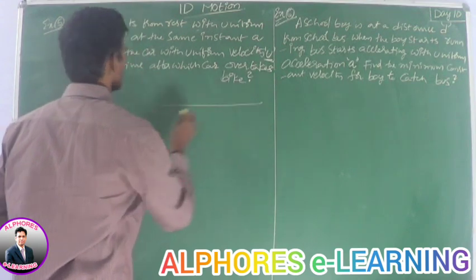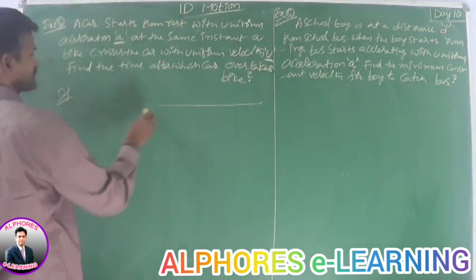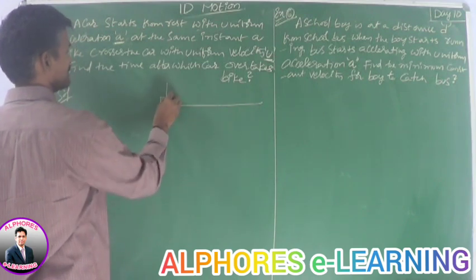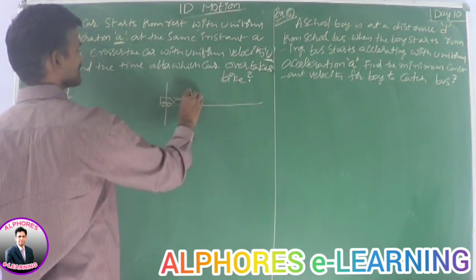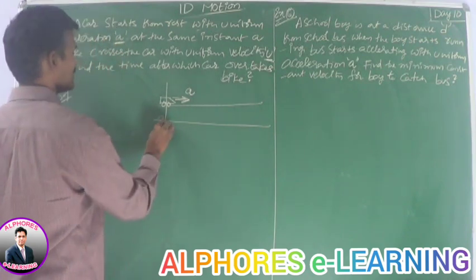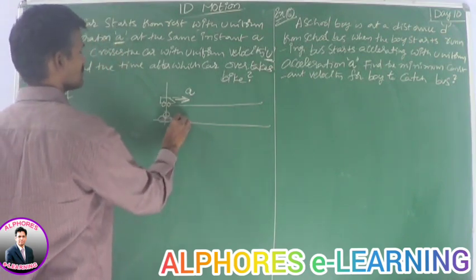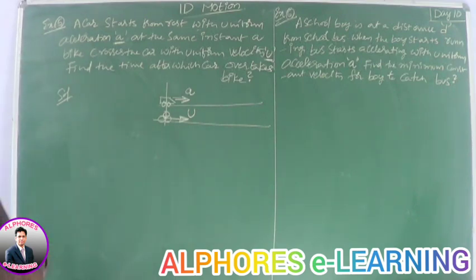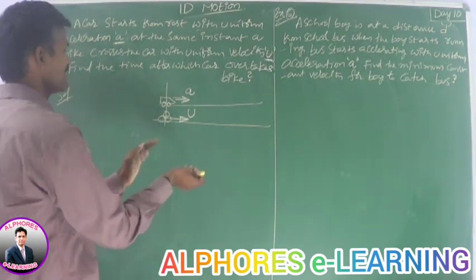Let us take a rough diagram to solve the situation. Suppose this is the car. It starts accelerating with some acceleration A. A biker crosses the car with a uniform speed. After some time t, what happened?